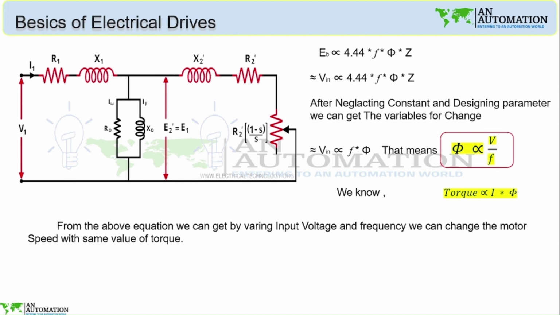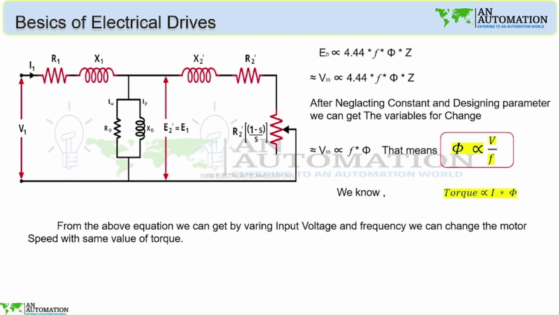If we apply a voltage in the stator part, that is V1, we will get E1. What is E1? E1 is the back EMF. Don't go into that definition; we are focusing on the equation to understand the drive. So we can get the equation in the same pattern.